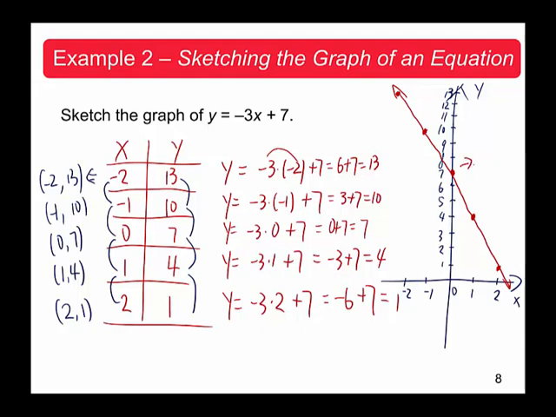Then we get an equation of y equal -3x adding 7. Okay. And that's how you typically draw any equation. And for a linear equation, 2 points is more than enough. Here we come up with 5 points, which is even better. More points meaning more accurate graph.